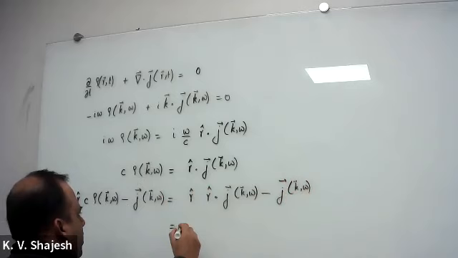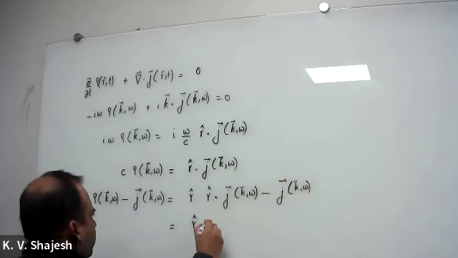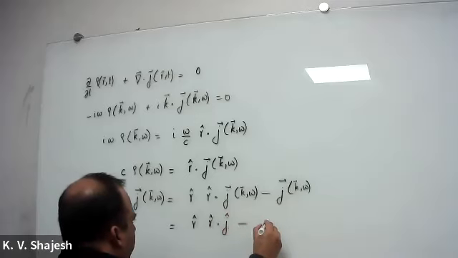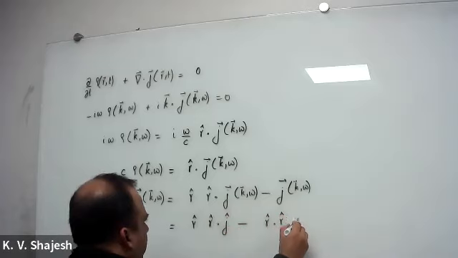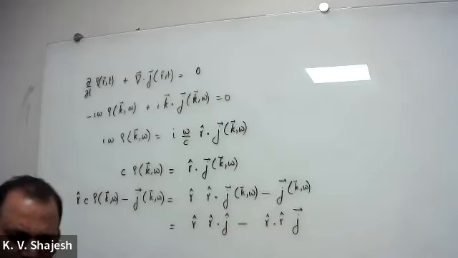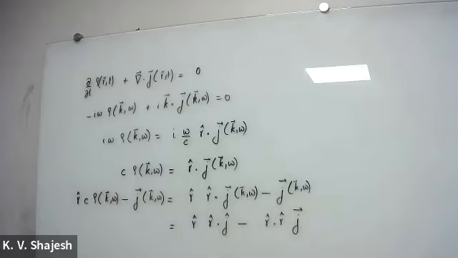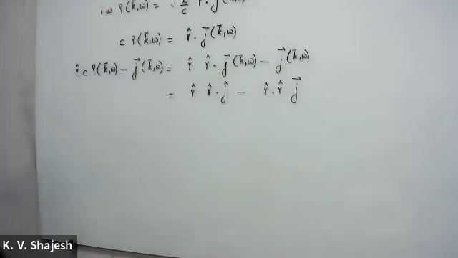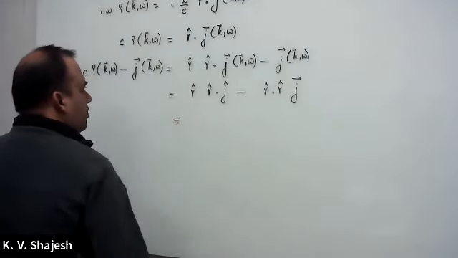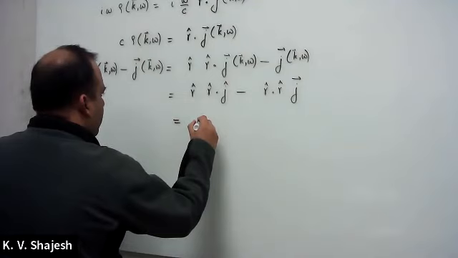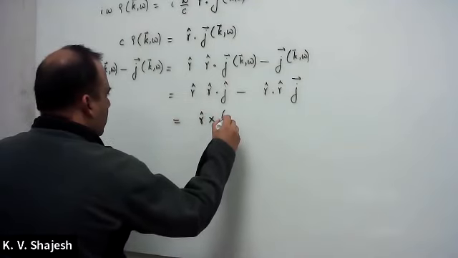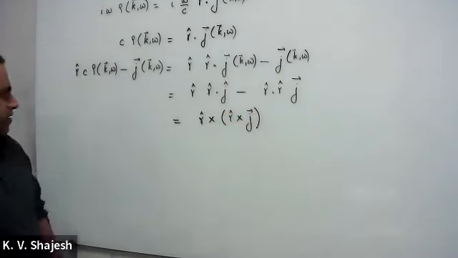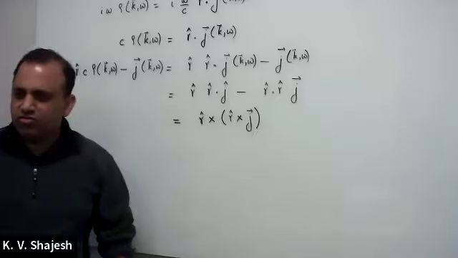If I suppress k omega for a minute, that's r hat dotted with j minus r hat dotted with r hat times j. And that should remind us of an identity in vector product. That's nothing but the double cross product, right? So this is r hat crossed with r hat crossed with j.